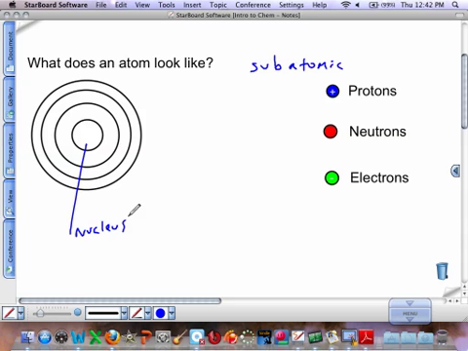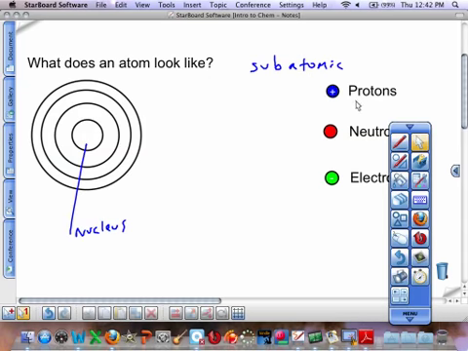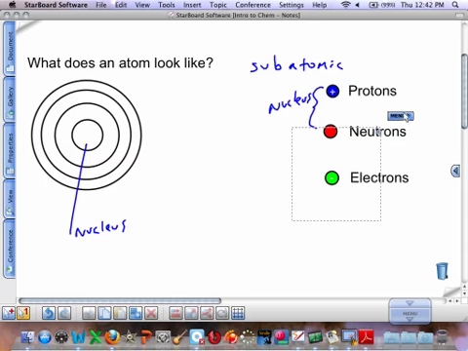Protons. Yeah, that's one of them. And neutrons, very good. The protons and the neutrons are in the nucleus. And the electrons are in the outer shell.